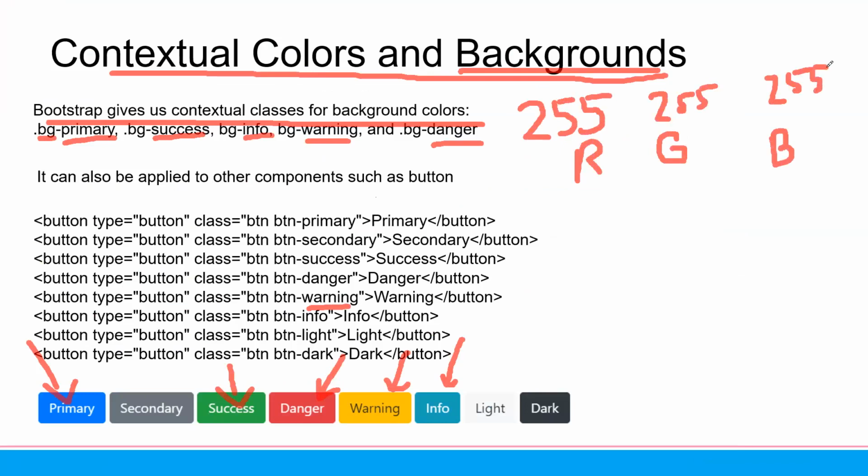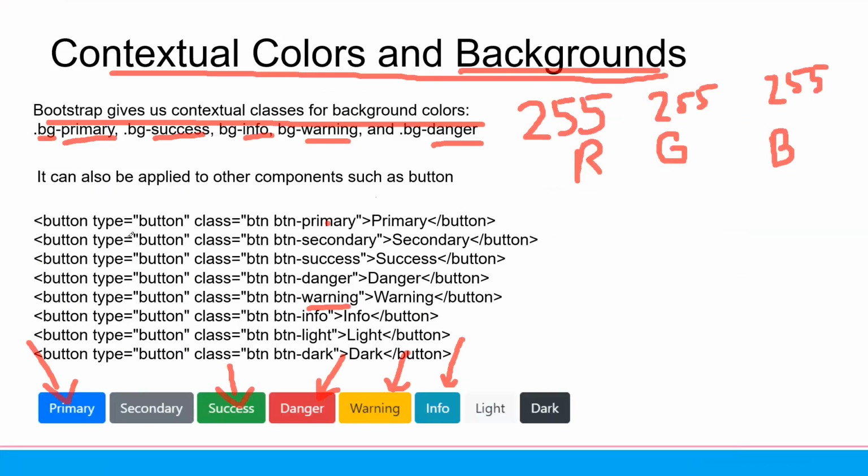Then you will have a specific color. So if you have difficulties to specify the colors, then you can use the existing template from Bootstrap. We have 1, 2, 3, 4, 5, 6, 7, 8. 8 colors, the basic colors in Bootstrap.